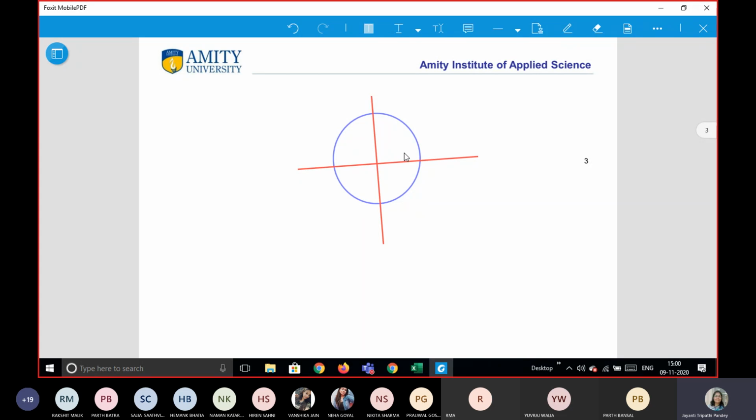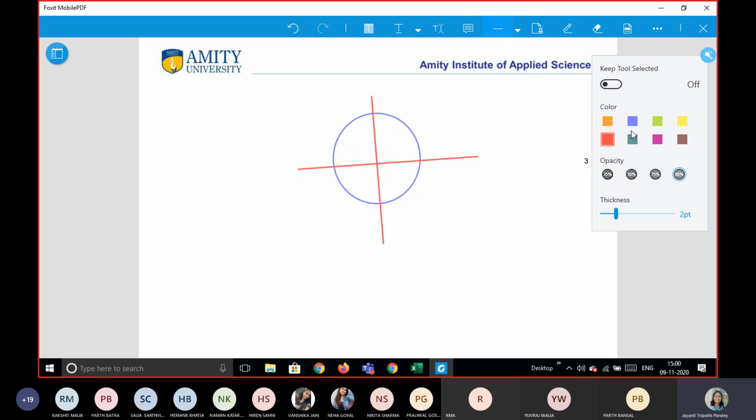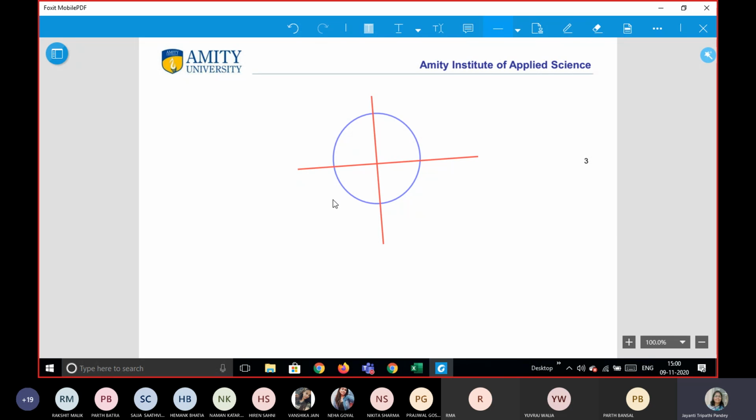This is your axis, this is your circle, and then you have a line. The line is passing through origin.